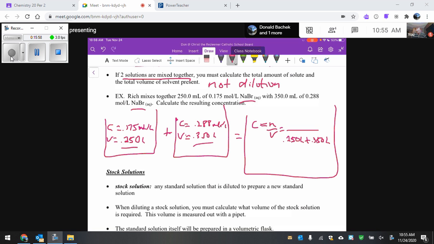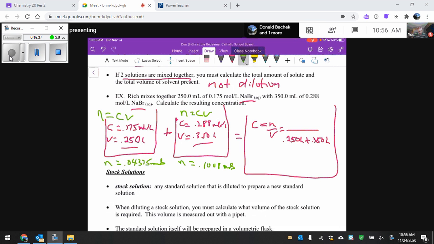And I need to figure out n from this one and n from this one, then add those two n's for the total amount of solute. So 0.175 and 250 is 0.04375 moles. C times V, that's what I did there. And I'm going to calculate C times V here as well, which is 0.288 and 350, and I get 0.1008 moles.